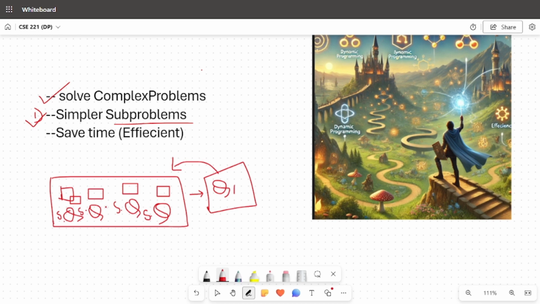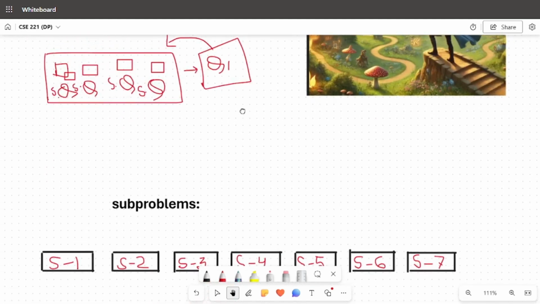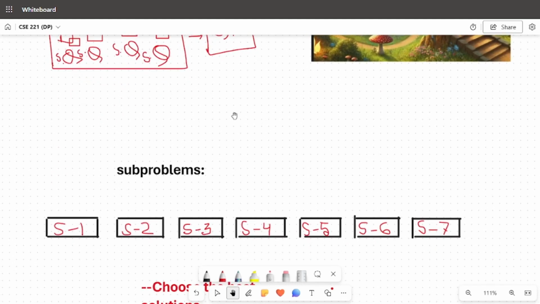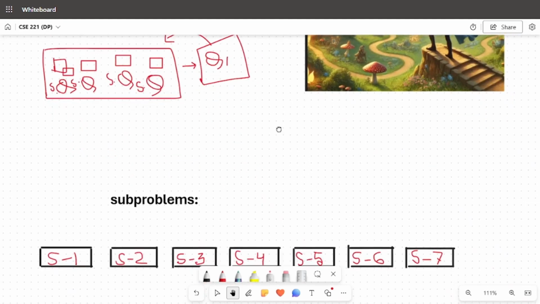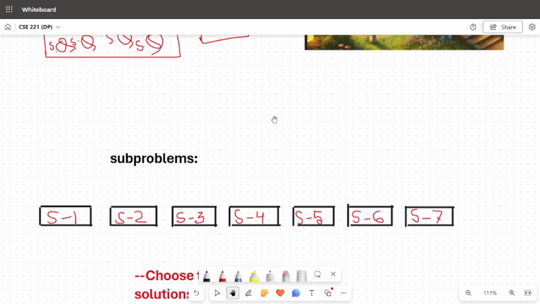The most important thing is that it will save your time and effort. So what is dynamic programming? Dynamic programming is to solve complex problems by breaking them into simpler subproblems, what we have discussed. So that is all, right?